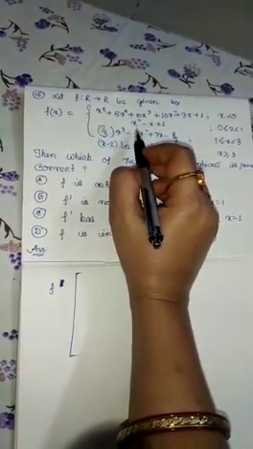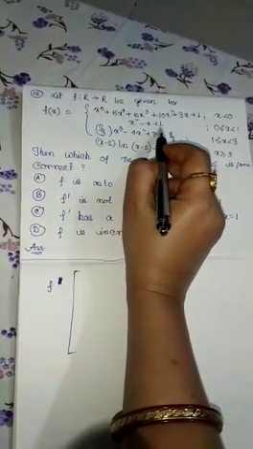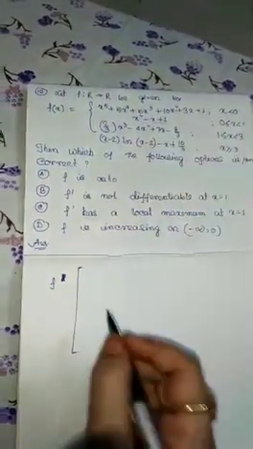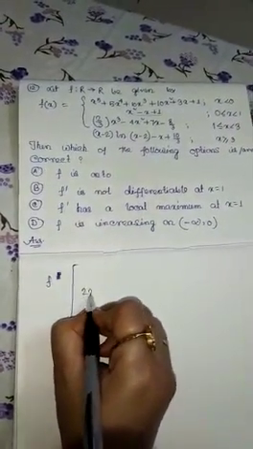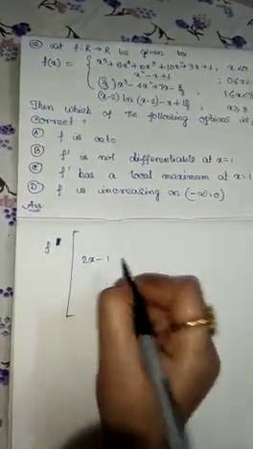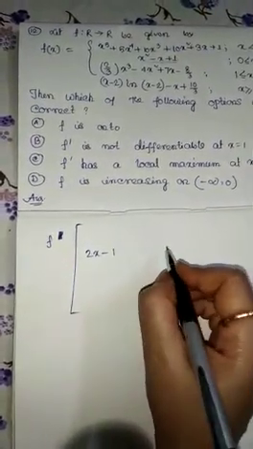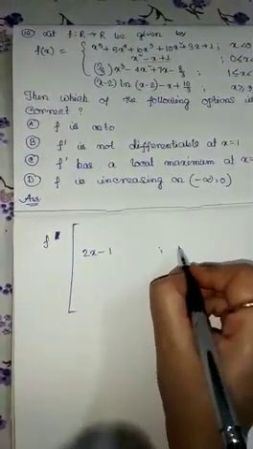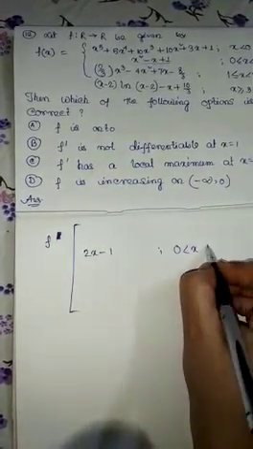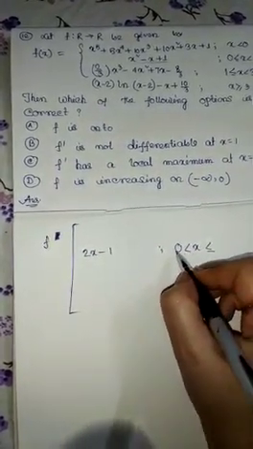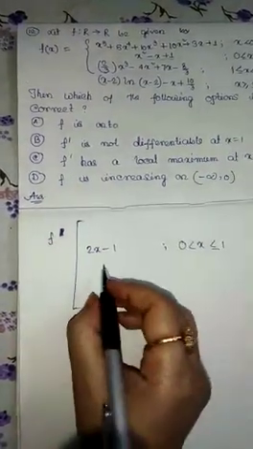For this function, f' = 2x - 1, for 0 < x < 1.